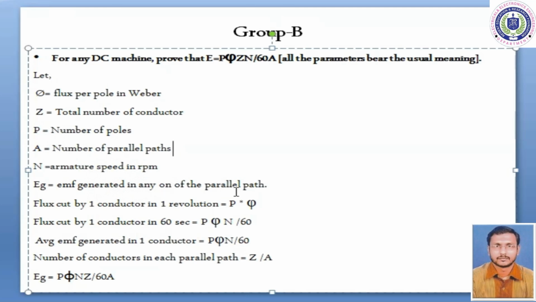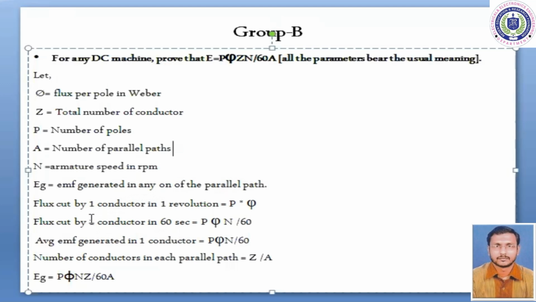As all of you know, the voltage across each and every parallel path is the same. So if we are able to find the voltage across any one of the parallel paths, then we can easily determine the EMF induced by the DC machine.